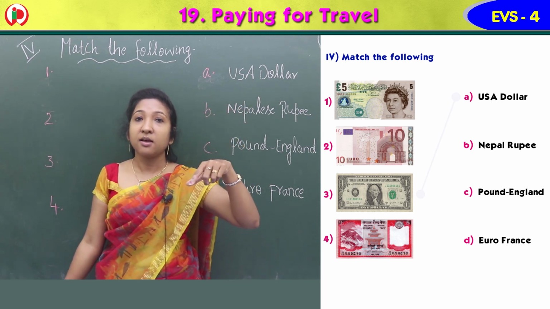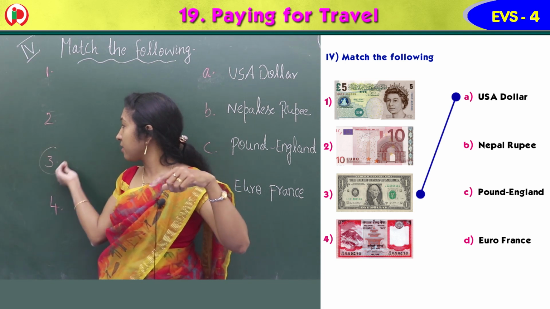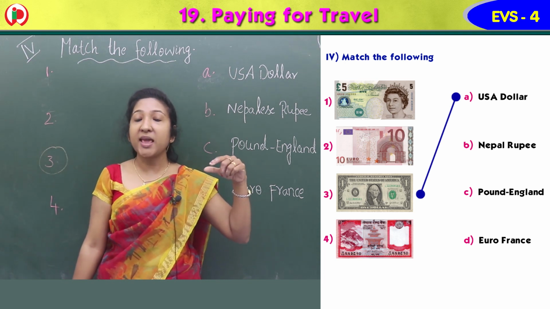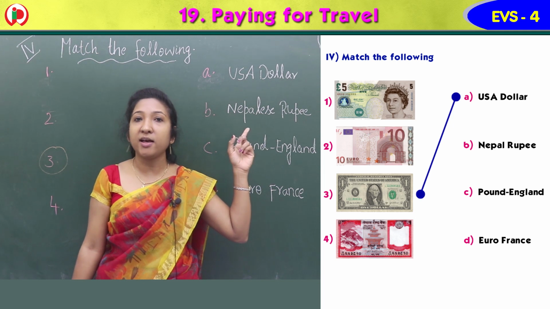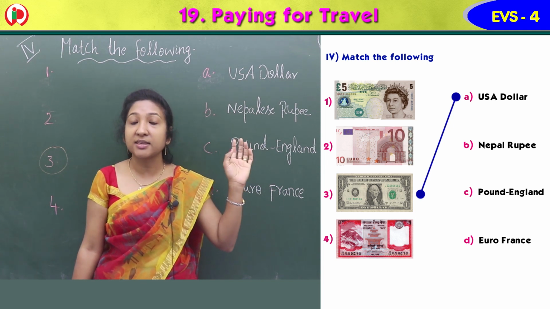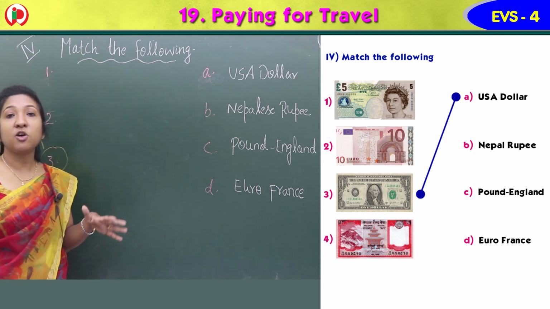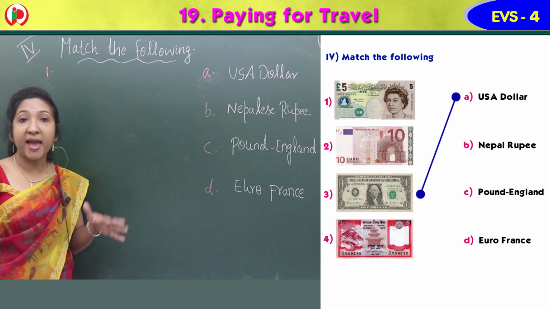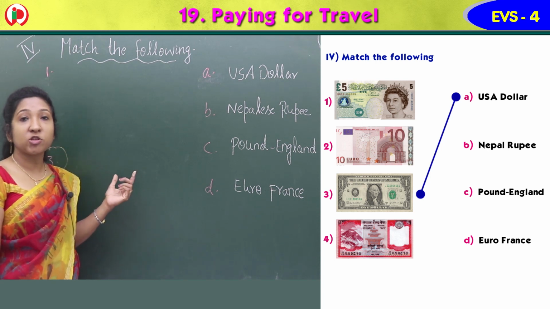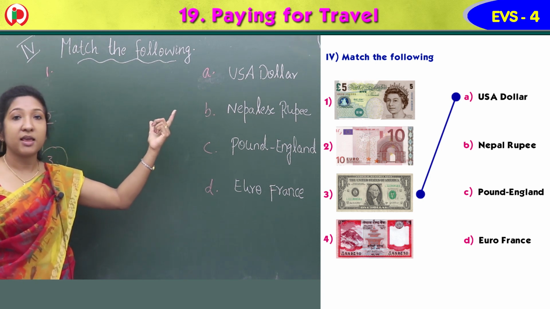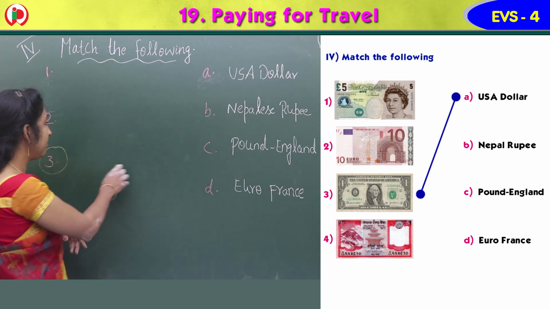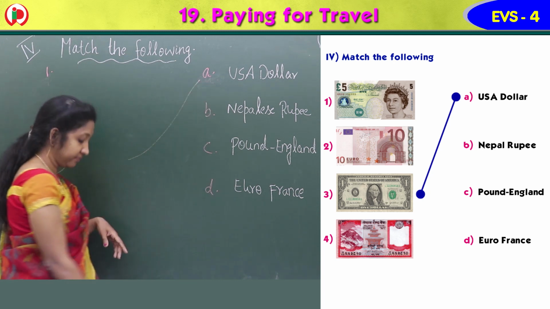It is, yes, the third one. Okay, the third image is of USA dollar. Can you see that? Yes, the third image is of USA dollar. So children, now you have to match the third image to the first, A, USA dollar. You have to match.